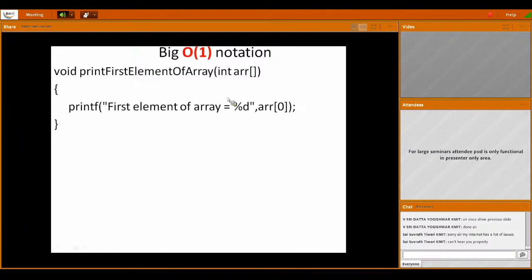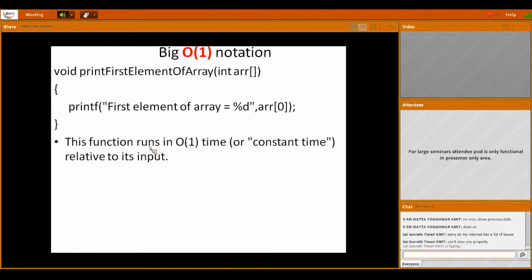Okay. So the question is, is this an example of O(1), right? Of course, this is. This function runs O(1) times, or O(1) is what? Constant time, right? See, I am calling this function. I have passed the array, but every time I call this function, I'm printing the element which is at index 0, right?